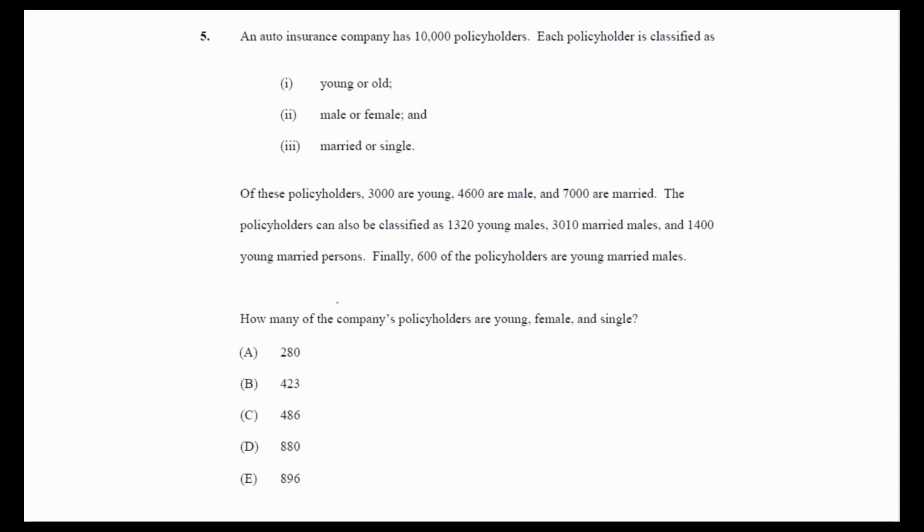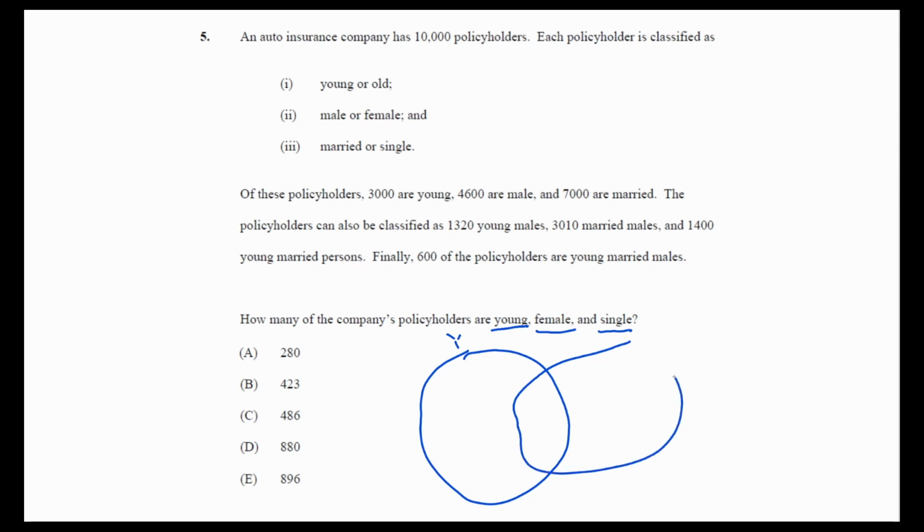In this case, the question is asking us how many of the company's policyholders are young, female, and single. So I'm going to underline all 3 of these, and I'm going to make 1 circle for each of these. 1 is for Y. One is for S. And this one is going to be female.